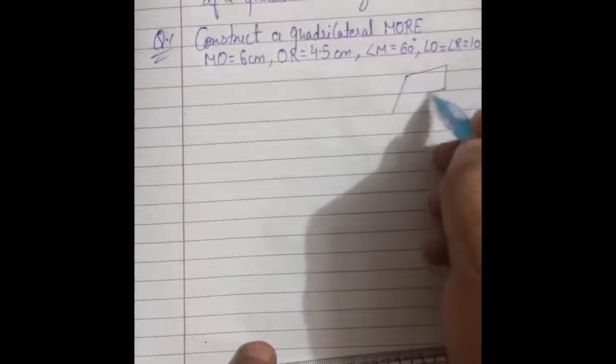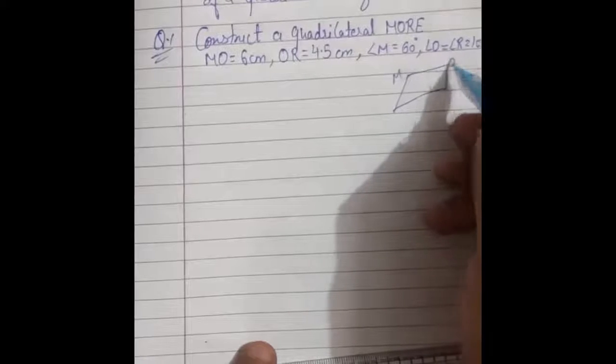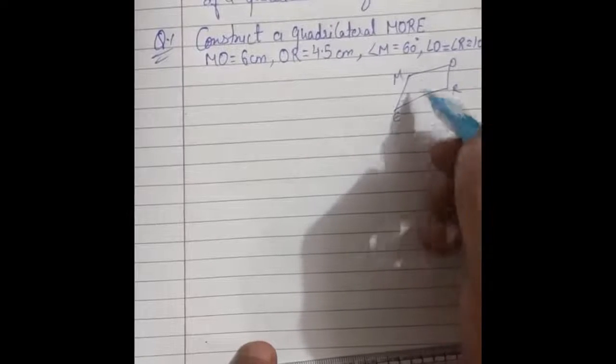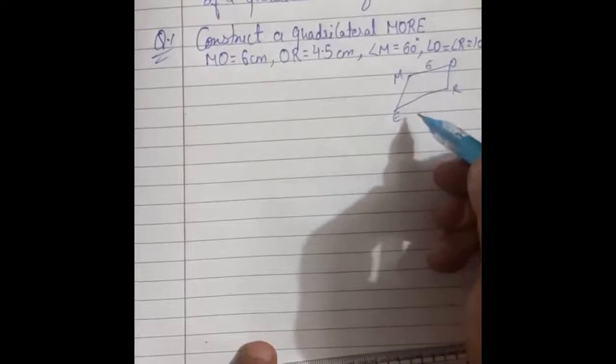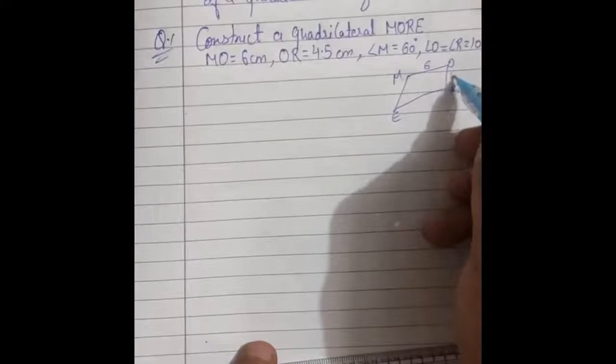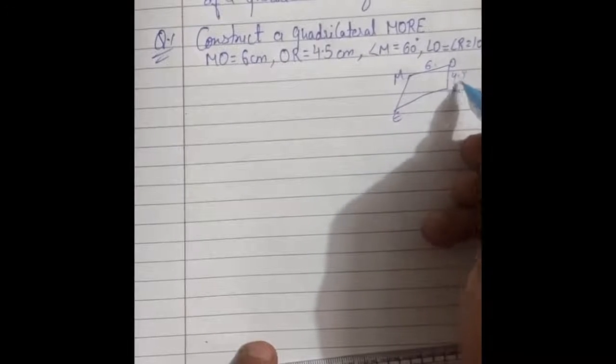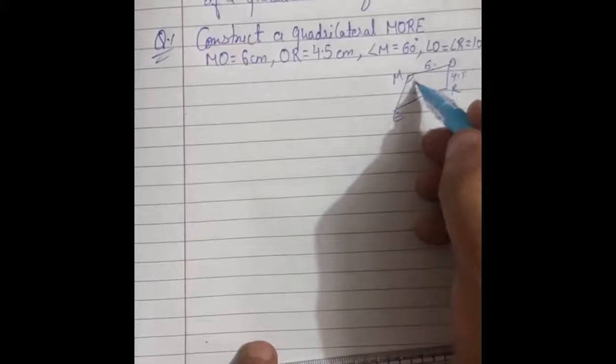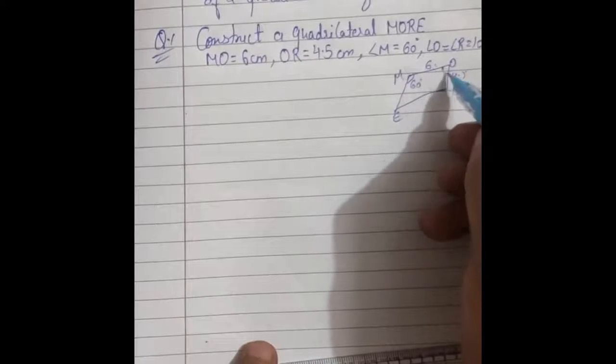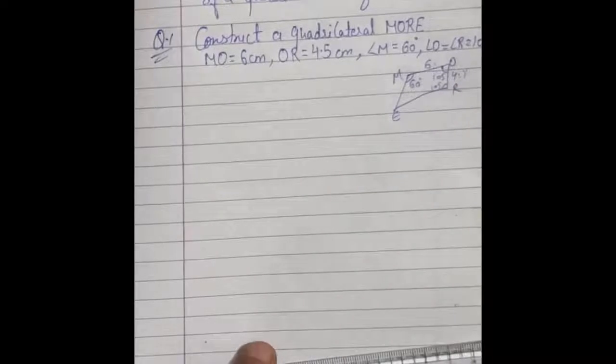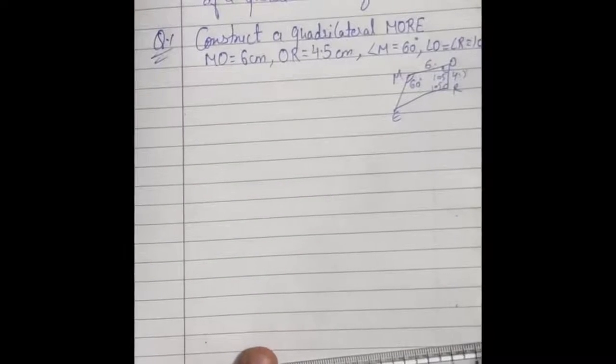If this is a quadrilateral MORE, we know that MO is 6 centimeter and OR is 4.5. These are two adjacent sides, and angle M is 60 degree, angle O is 105, and angle R is also 105. Fine. So now how we can construct our quadrilateral?